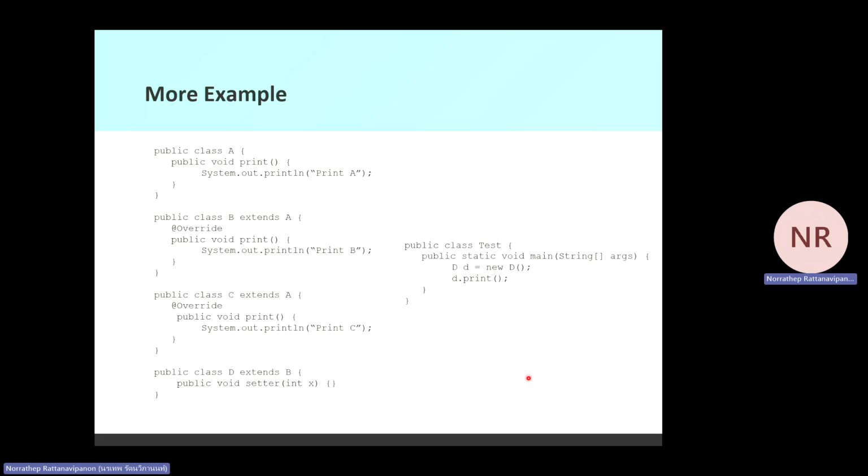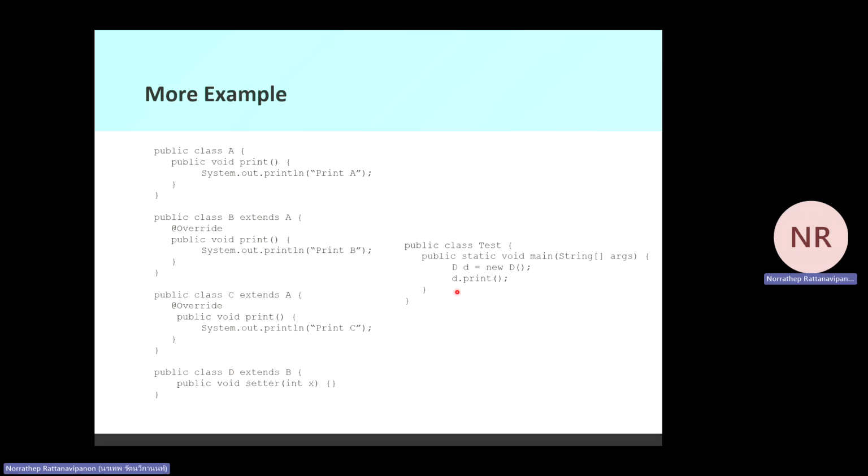So I also put more examples in here, and I expect you to try to think of it yourself. Basically, I create a couple of classes, A, B, C, D, where class B extends class A, class C extends class A, class D extends class B. And class A has a print method, which is overridden by class B and class C. And class D also has a new method called setter.